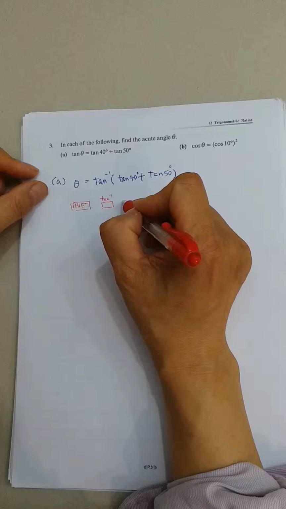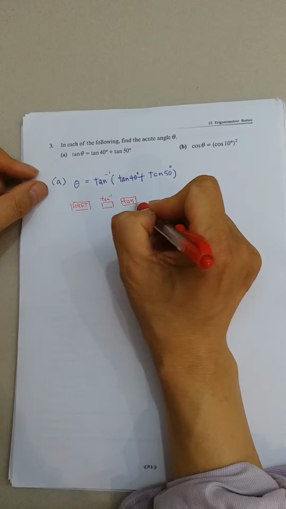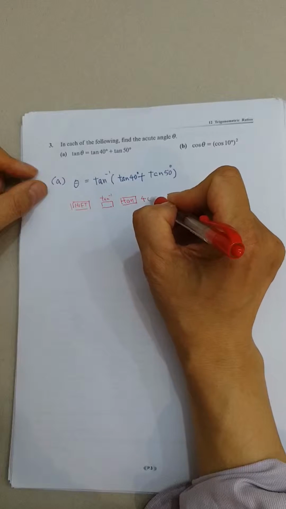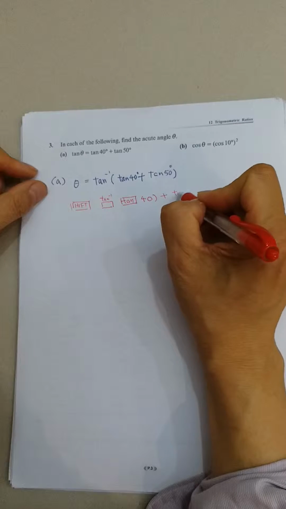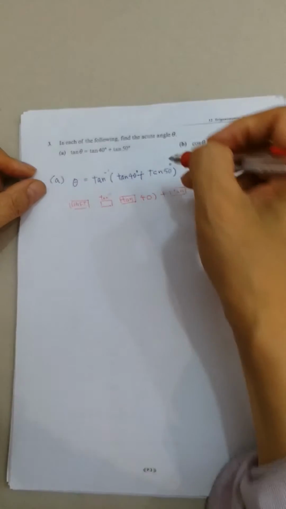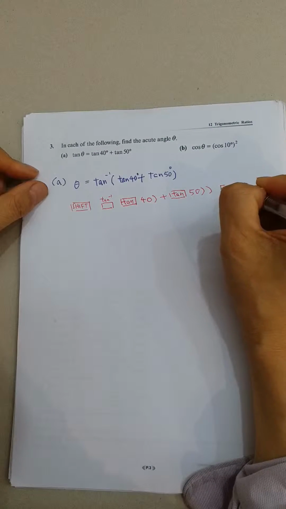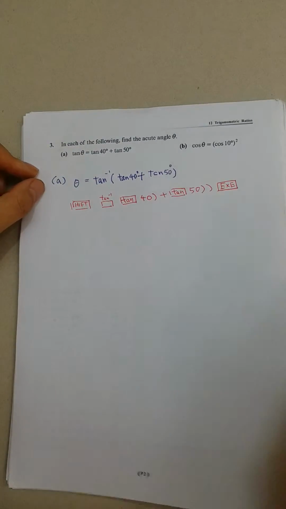So then we press the tangent key, another bracket open, 40 degrees, close the bracket for the tangent, plus tangent, a bracket already open for you by the calculator, 50 degrees, close the bracket for this tangent, and then close the bracket for the arctangent, and press EXE to ask the calculator to do it.